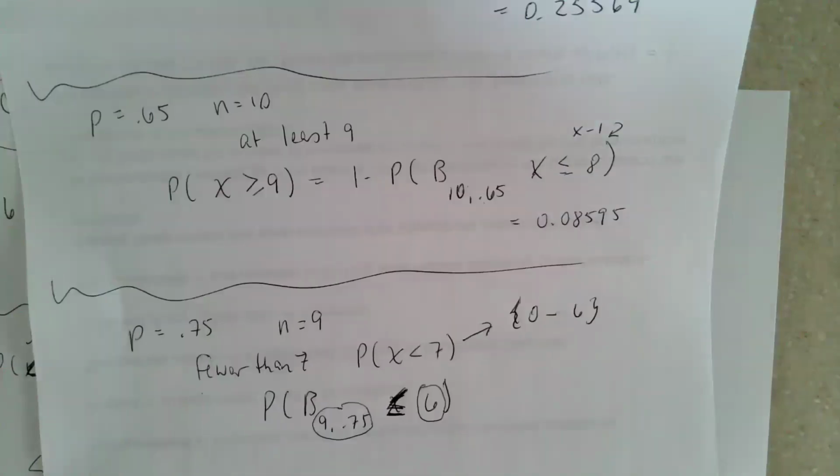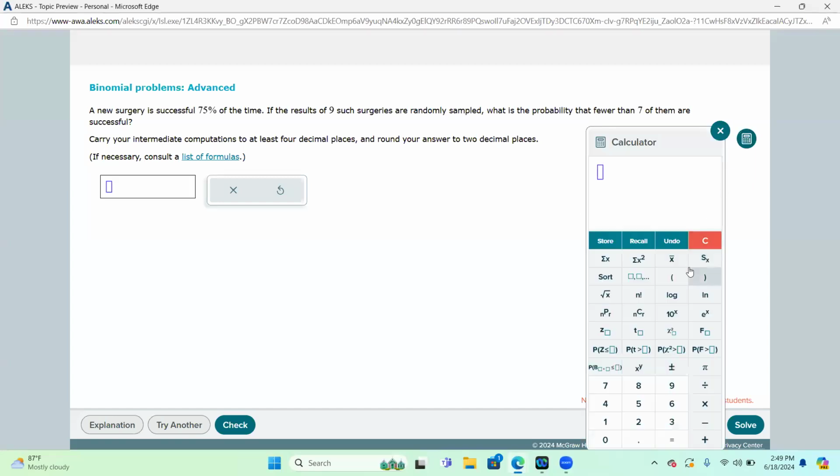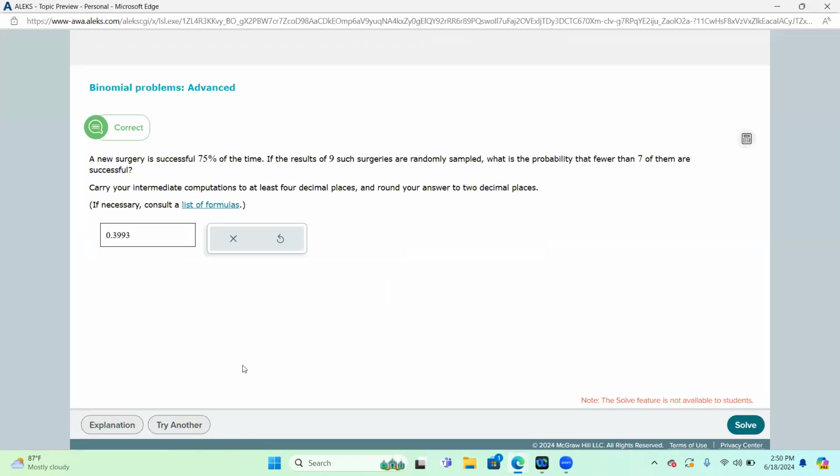So let's go ahead and try that in ALEKS. So that comes out to be 0.3993. They wanted at least 4 decimal places, and that's what we gave them, and we got it correct.